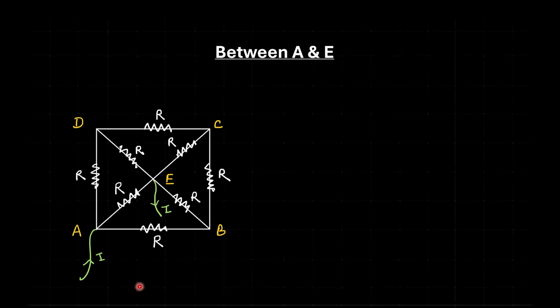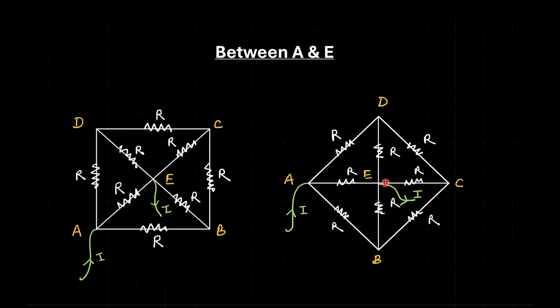And finally we have to find the resistance between A and E. So this is A and this is E. Once again just flip this by 45 degrees like this, and you can see that this is a line of symmetry because elements on this side and this side are mirror images of each other.